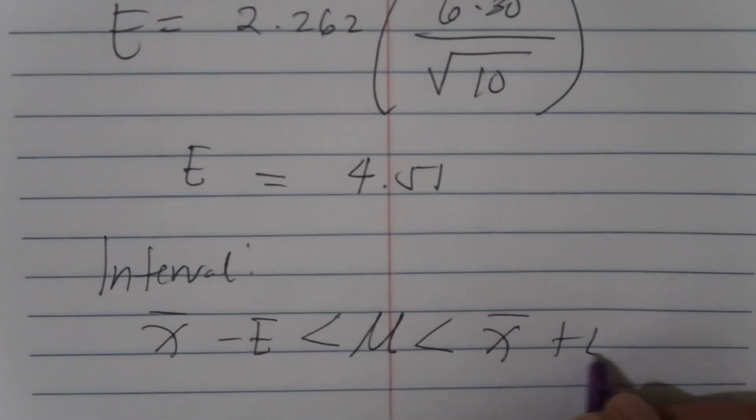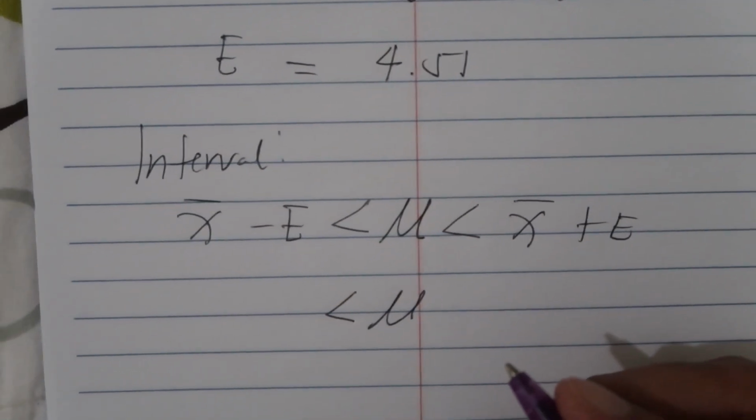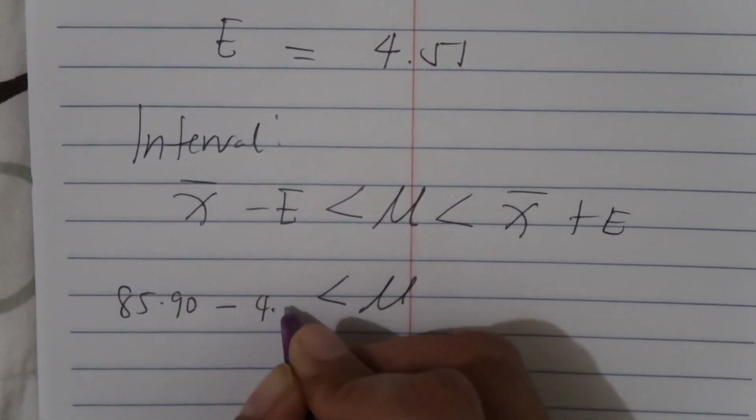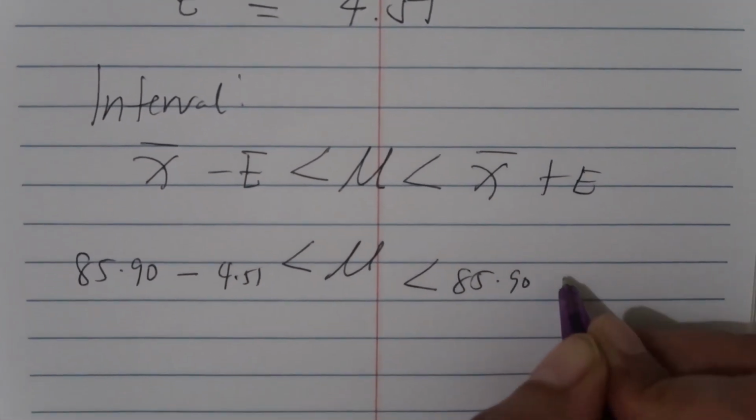The population mean mu is greater than the sample mean 85.90 minus 4.51, but less than 85.90 plus 4.51.